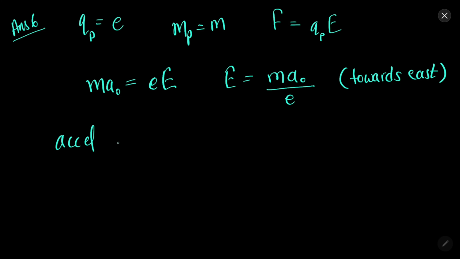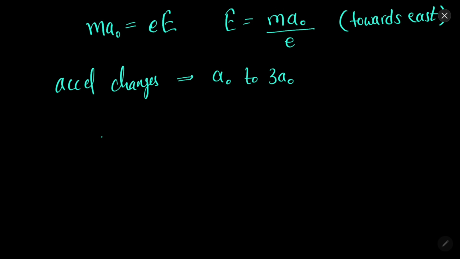Now acceleration changes from a0 to 3a0. So net acceleration produced by magnetic force is 2a0, because it is going from a0 to 3a0.